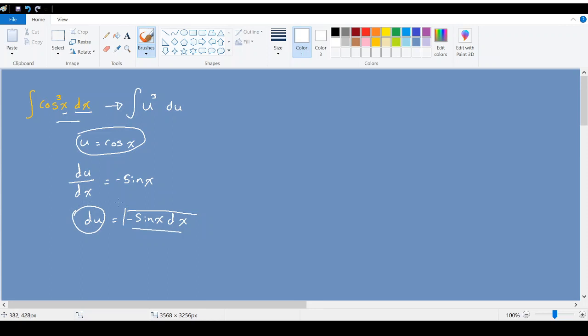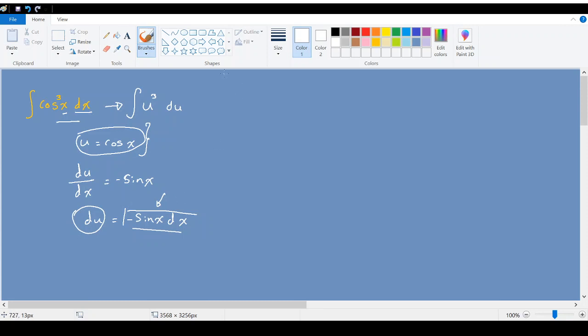But in the problem, according to the way that they have given it, we do not have such a term. So although this substitution is the natural way of starting, we will not be able to proceed through this calculation as we don't have the negative sine x dx term.